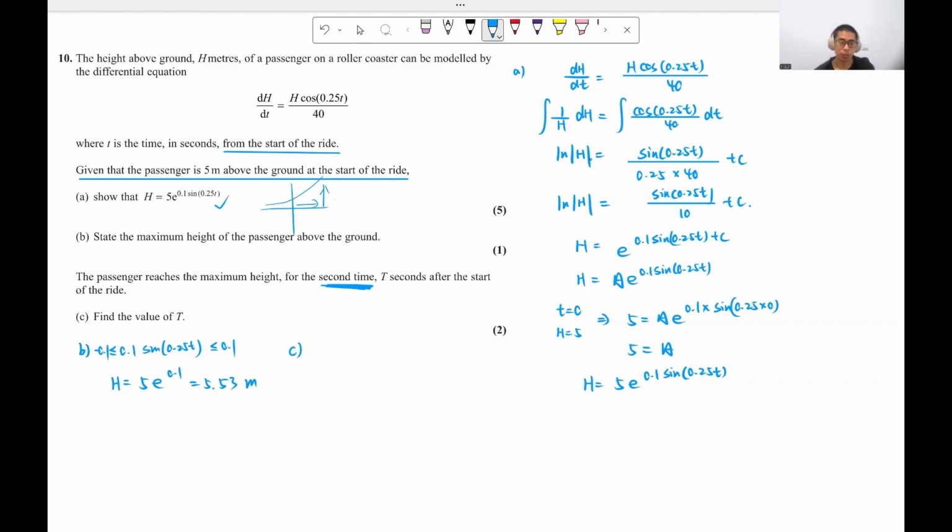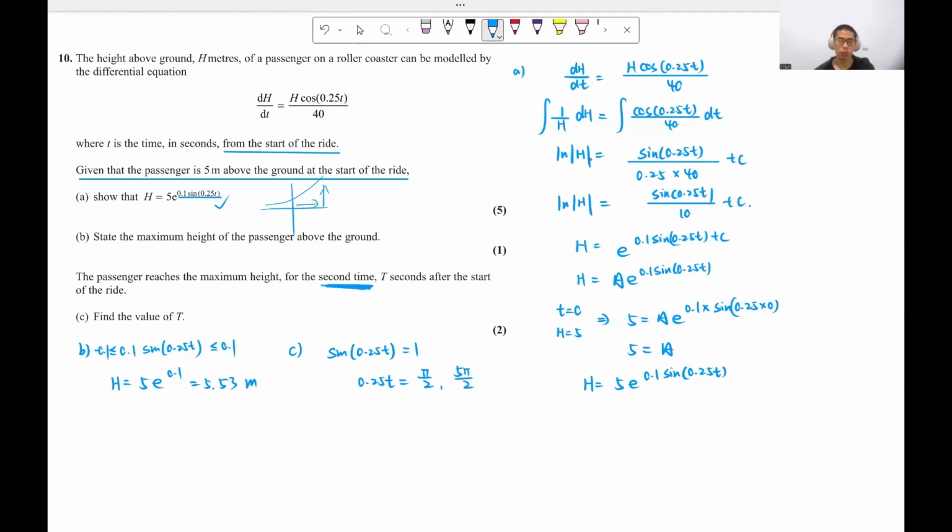That means sin(0.25t) has to be equal to 1 to make the power 0.1. So 0.25t equals, sine inverse of 1 is just pi over 2, and then plus another 2 pi, that would be 5 pi over 2.